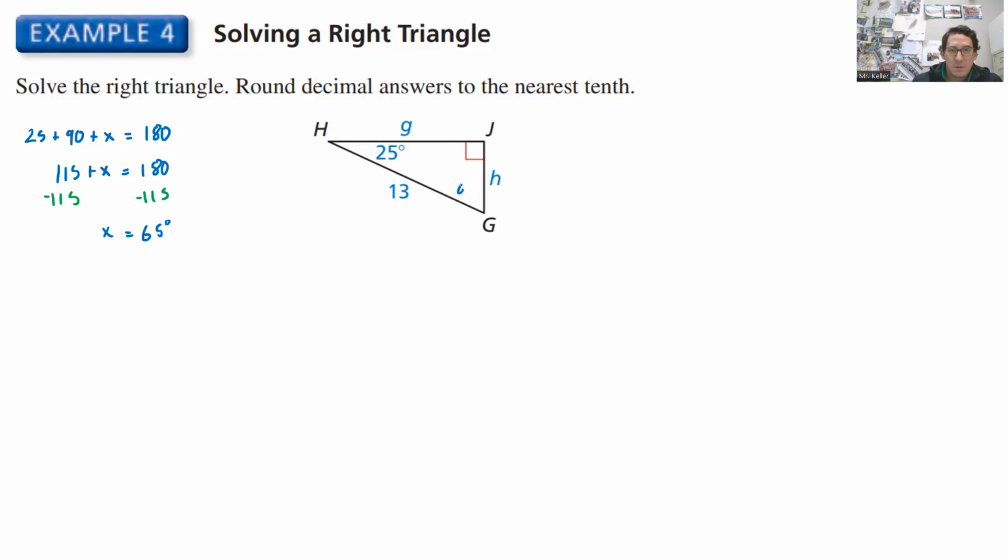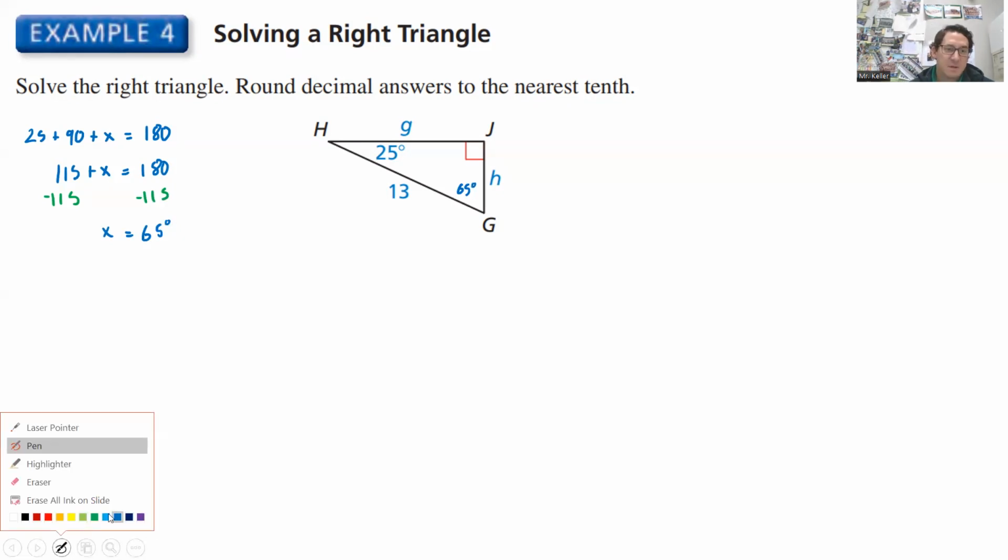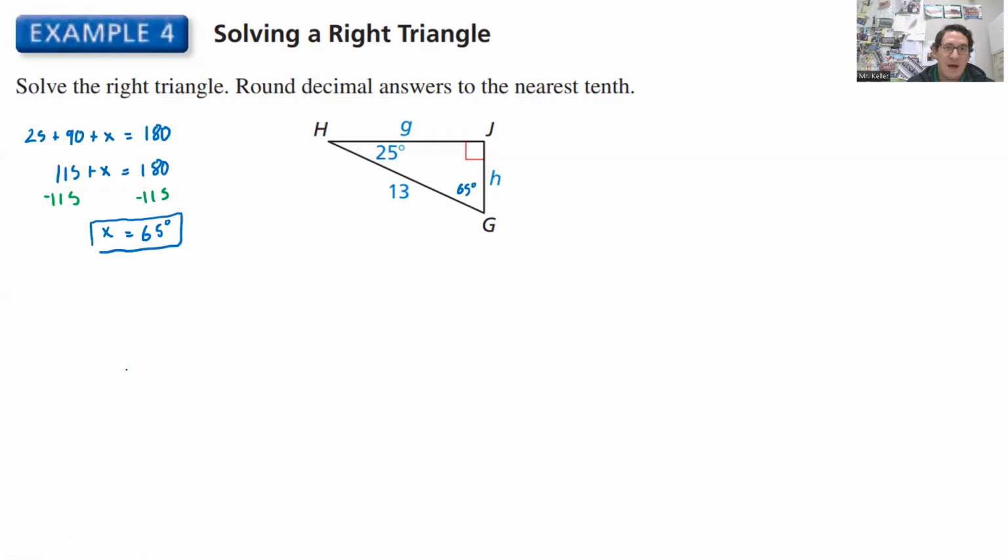Now we need to find G and H. We have options here. I'm going to find H first. So let me box that. With H, I'm going to use trigonometry. I'm going to draw my eyeball here at the 25 and label the side lengths.